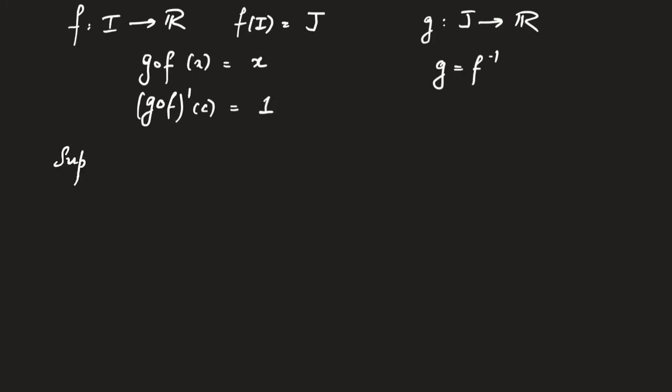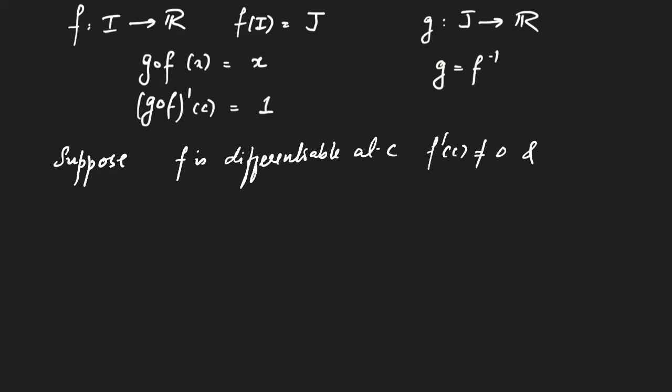Now suppose that f is differentiable at c, f dash of c is not equal to 0, and g is differentiable at f of c. So by chain rule, what do we get?